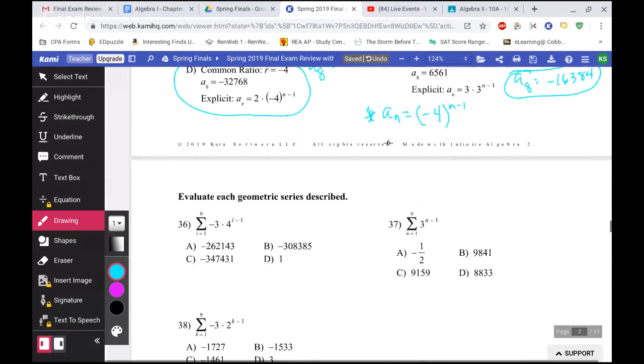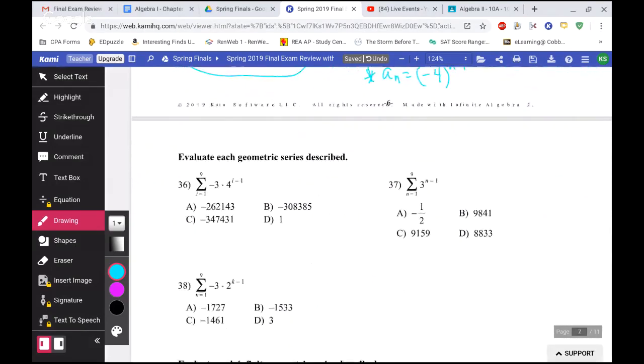All right. Series. That should make us think sum. Sum and series are the same thing.